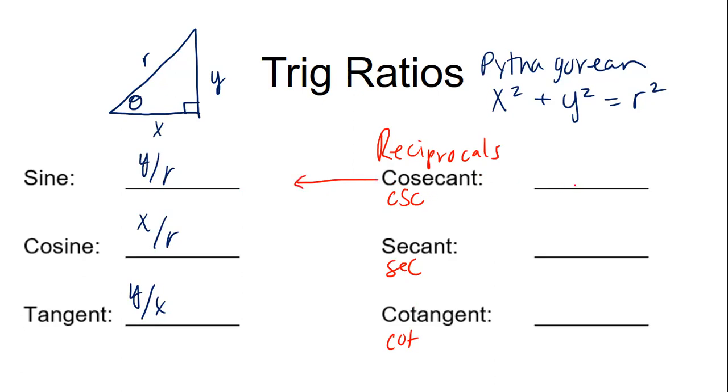So instead of y over r, it becomes r over y. Secant is the reciprocal of cosine. So instead of x over r, it becomes r over x. And cotangent is the reciprocal of tangent. So it becomes x over y. As long as I have the values, I am just plugging it into the ratios and simplify.